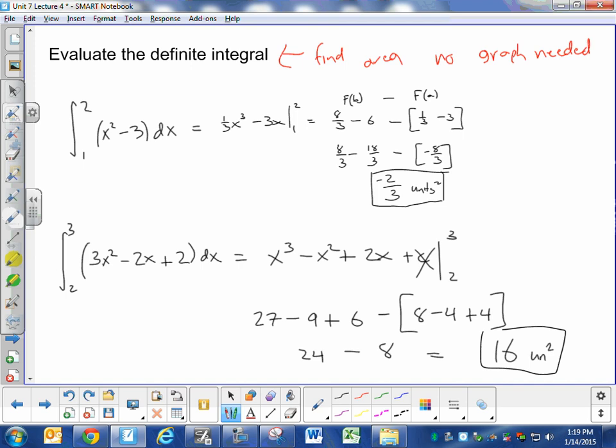Remember, we're still finding areas, so keep that in mind. We are finding a change, and if you think about it in terms of the change in y coordinates, that could be considered units. But we now have a connection between this change in y coordinates and an area, so we can label this two different ways, which is kind of crazy if you think about it. A change in y's and areas the same.